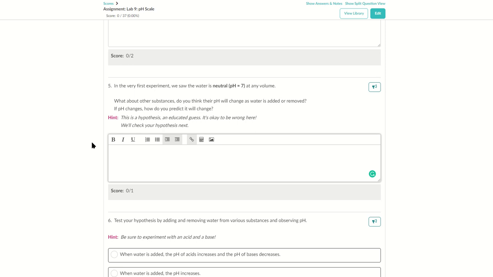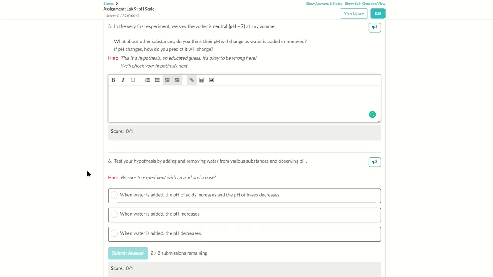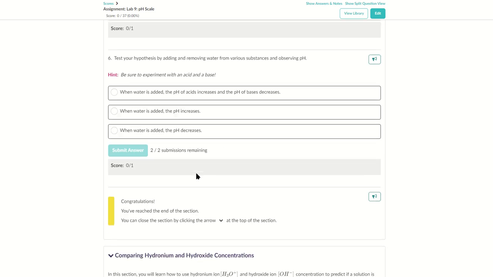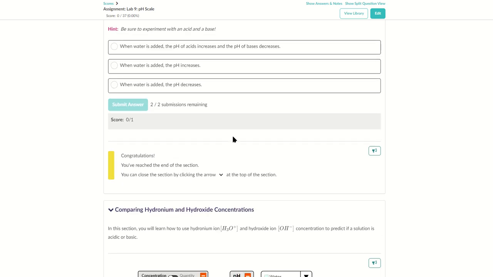And it's completely okay if it isn't. You're still learning. That's the whole point of the scientific method. And then next up, you're going to test your hypothesis by adding or removing water. And then that's the end of the first section.